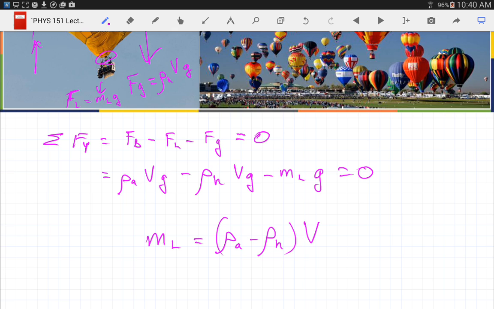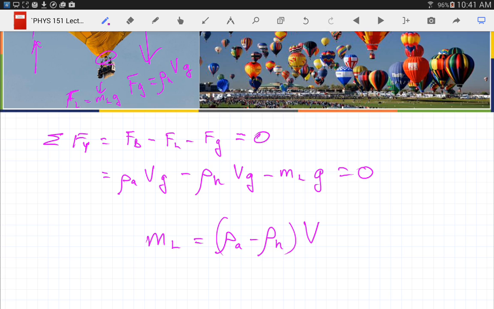It is equal to the difference in the densities between my air and my hot air. Do I have a sign problem here? Oh yeah, the density of the air is higher than the density of hot air. I was thinking the other way around. So it's the difference in the densities times the volume.